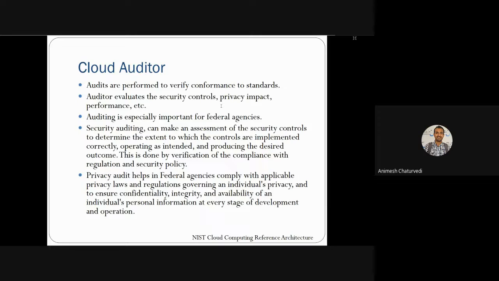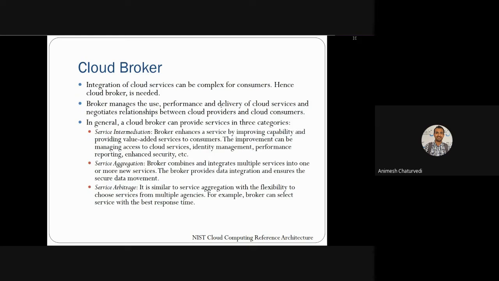Then various privacy policies help government, federal, or private companies comply with the privacy laws of these organizations. And there are various regulatory rules governing individual privacy to ensure confidentiality, integrity, and availability. Then individual personal information needs to be managed at every stage of development and operation.